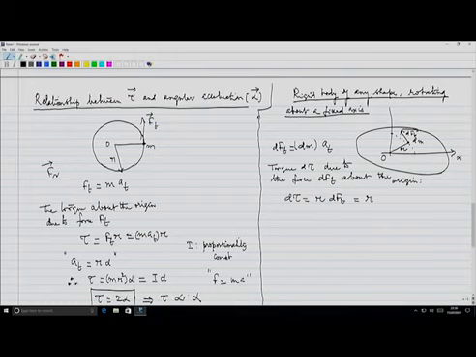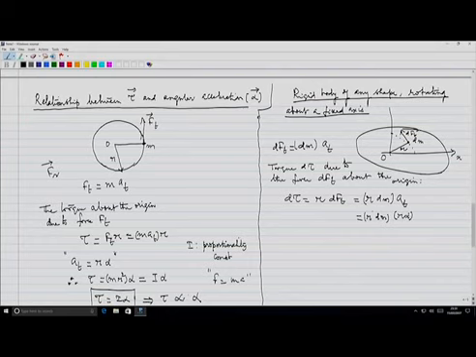What is dFt? dFt is dm times a_t, the tangential acceleration, and we know tangential acceleration is r alpha. Therefore it is r dm into r alpha.